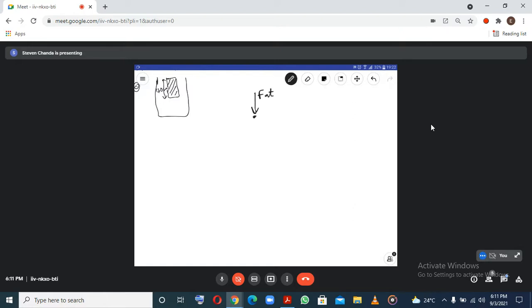That's the force from the atmosphere, isn't it? Then what other thing are we going to have? Then we're also going to have the weight. Okay? So we're going to also have the weight of this particular water column.